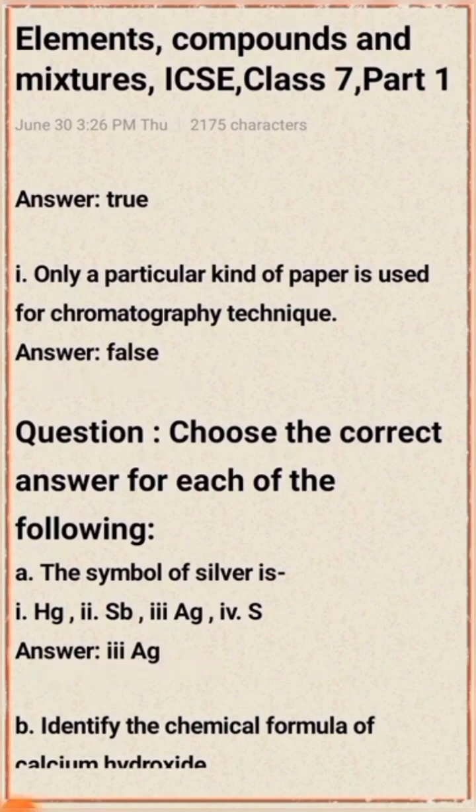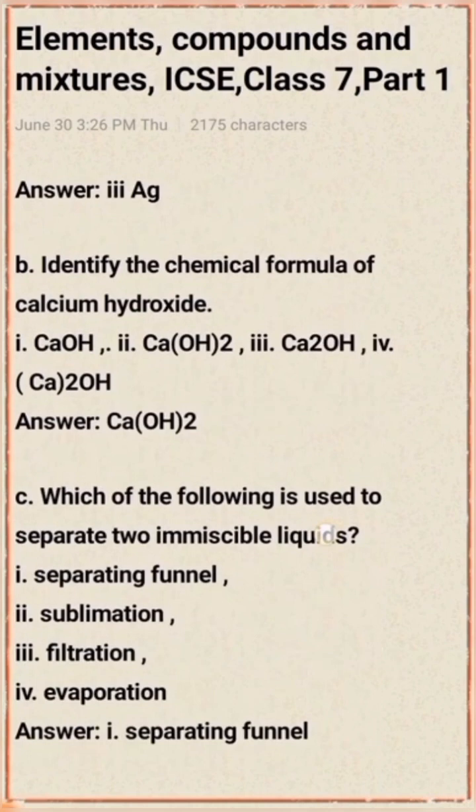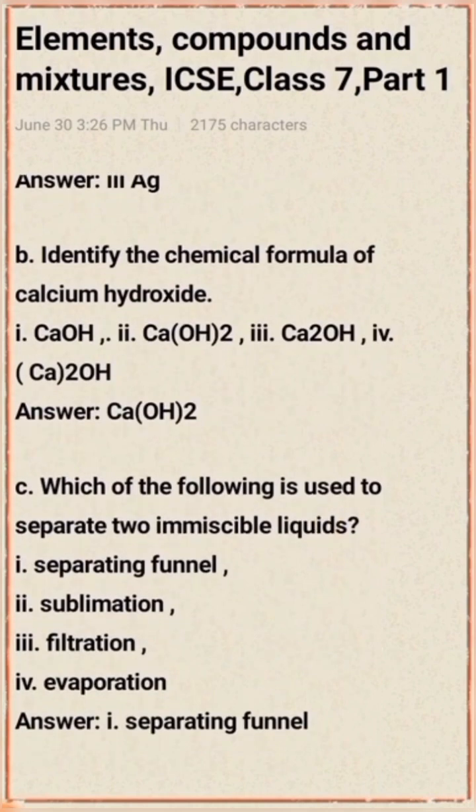Next question, B. Identify the chemical formula of calcium hydroxide. Option 1 CaOH, option 2 Ca(OH)2, option 3 Ca2OH, option 4 Ca2OH. Option 2, Ca(OH)2, is the right answer.